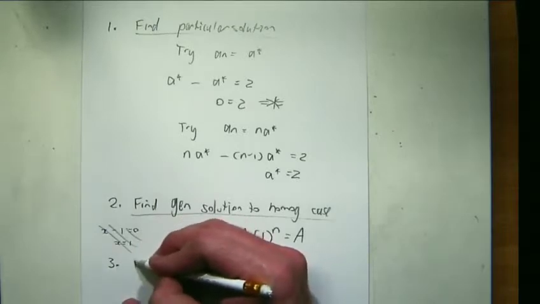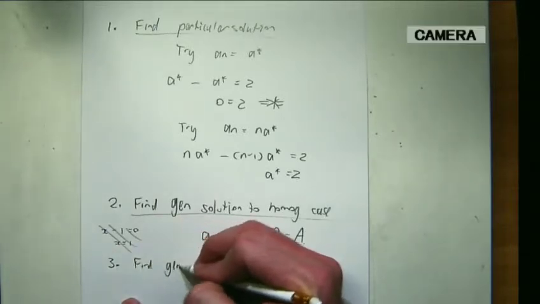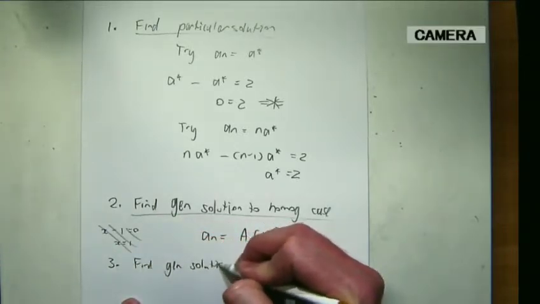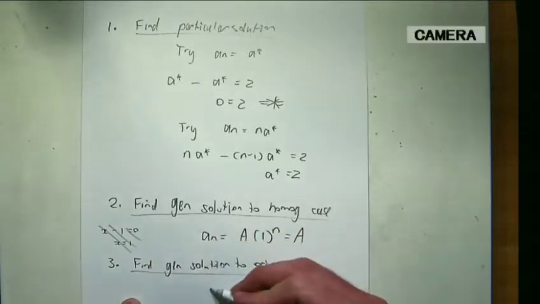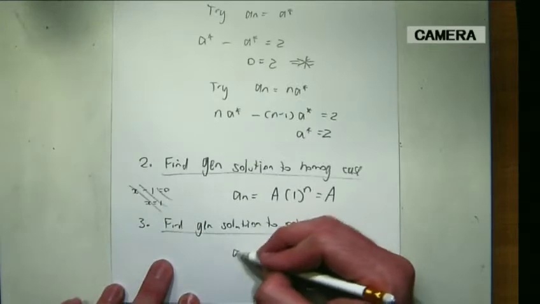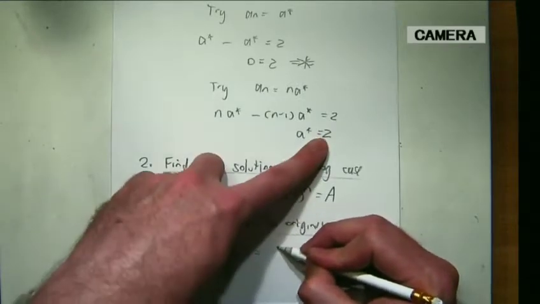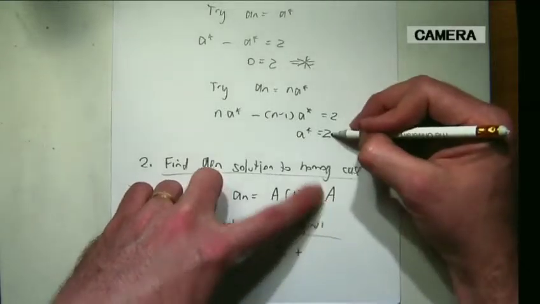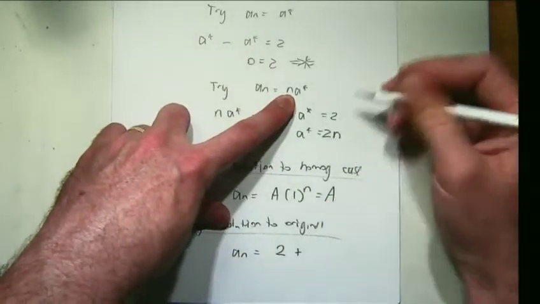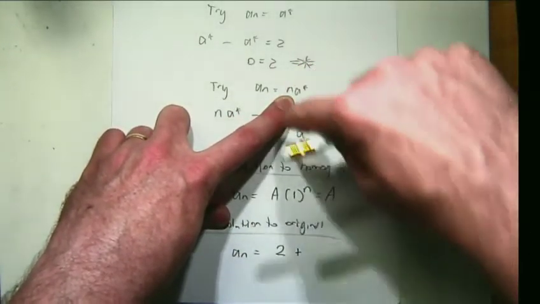Step 3, find the general solution to the original. So we've got that a_n is my original solution 2. Sorry, it's 2n, isn't it? Because it's n times a star.